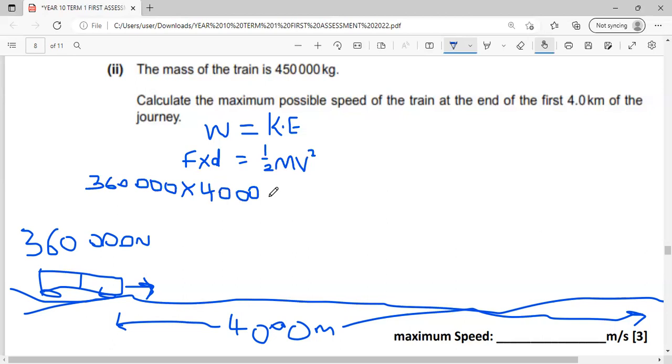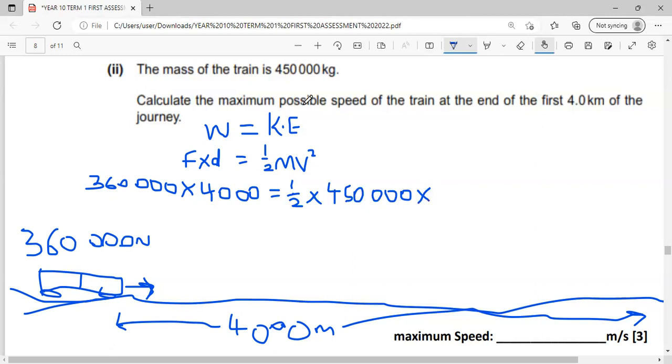Must be equal to half multiplied by our mass. Our mass is 450,000, multiplied by the velocity squared.